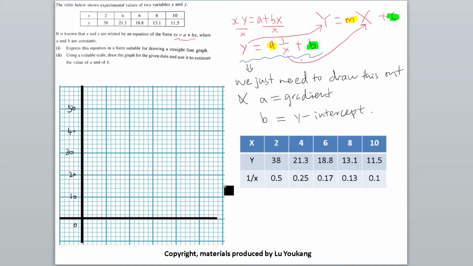So with these values of y and values of 1 over x, I am able to plot the equation above. So our horizontal axis is our 1 over x, and our vertical axis is our y. So let me label the graph before I proceed.